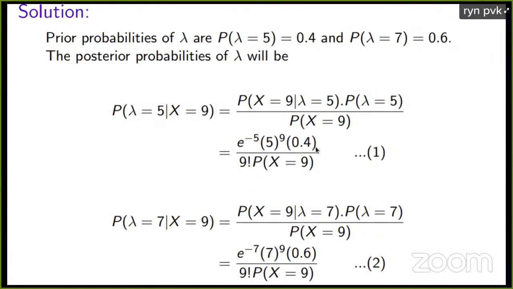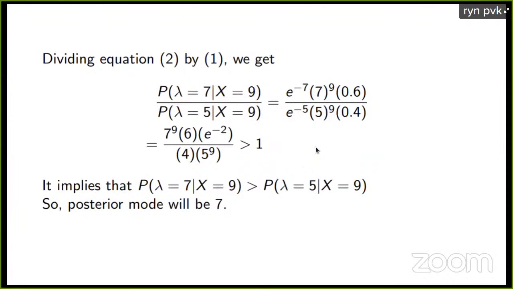In both the terms, some value will definitely be there for probability that x equal to 9. In both equations it will be the same, whatever probability it has. In this question we have to compare the two probabilities, so if you want to compare, even if you don't calculate probability that x equal to 9, it's fine, because anyway it is going to get cancelled.